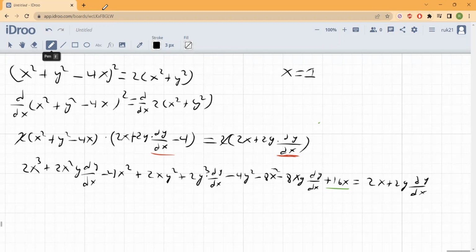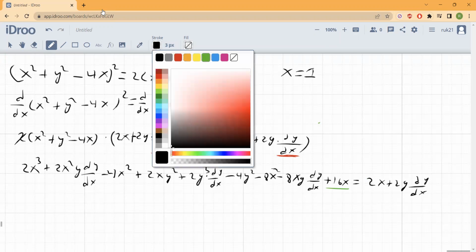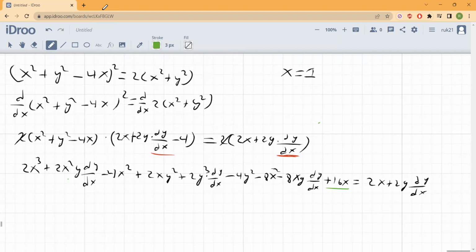Okay, so now I'm going to do two things. The first is I'm going to bring this and this over to the other side so that later on we can get rid of dy/dx. We can take dy/dx out of the brackets, and then I'm going to bring 2x over to this side.